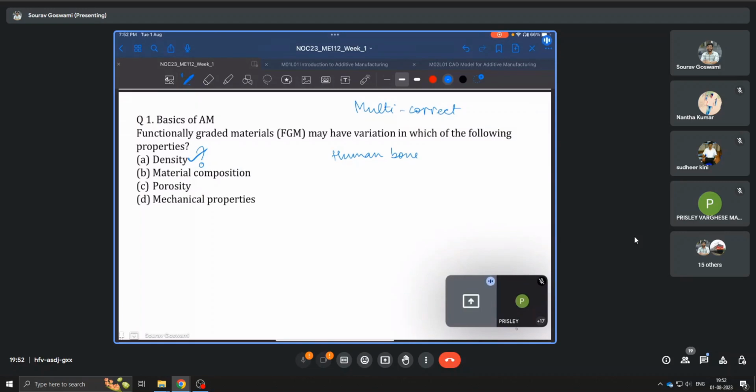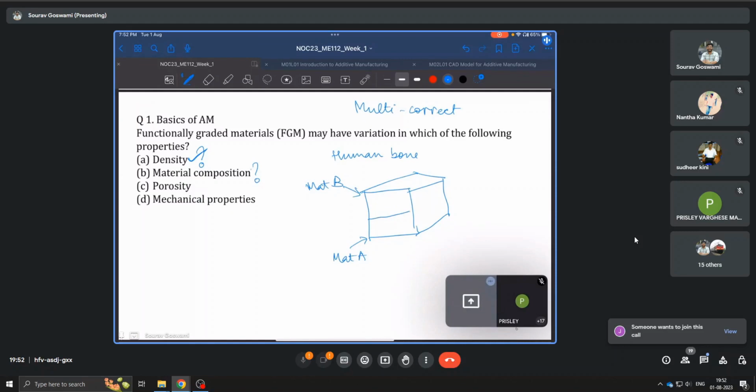Can FGMs have a variation in material composition? Can you actually build, okay, Priestley says A and B, so can you actually build a material, say something as simple as a cube, which has material A at this end, material B at this end, and maybe some A plus B here.